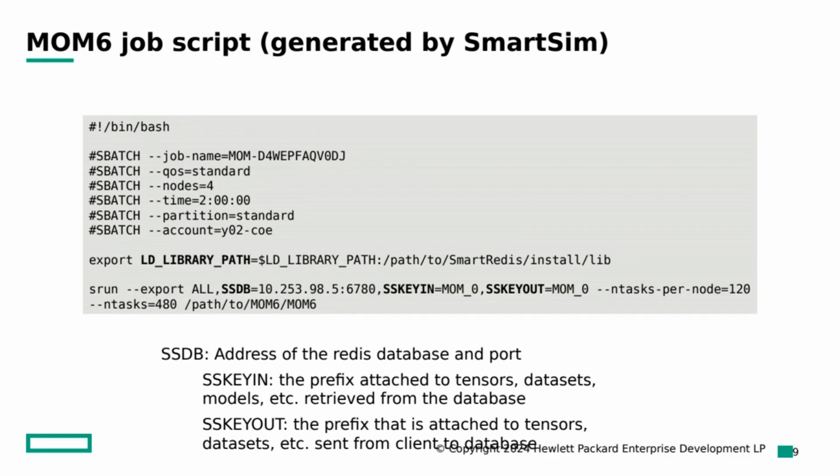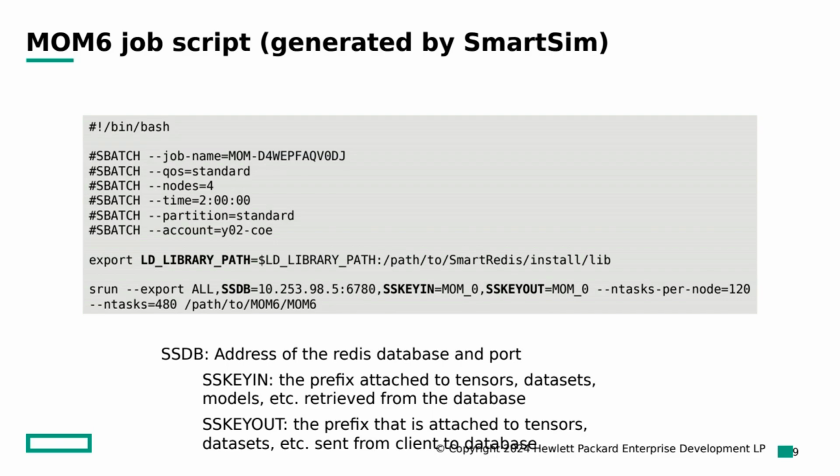And then this is the MOM6 job script, also generated by SmartSim. Again, it's got all the batch settings pulled from the driver script. You've also set the library path that was also set in the driver script as preamble. And then here the srun launches the MOM6 application. So it specifies the tasks used.